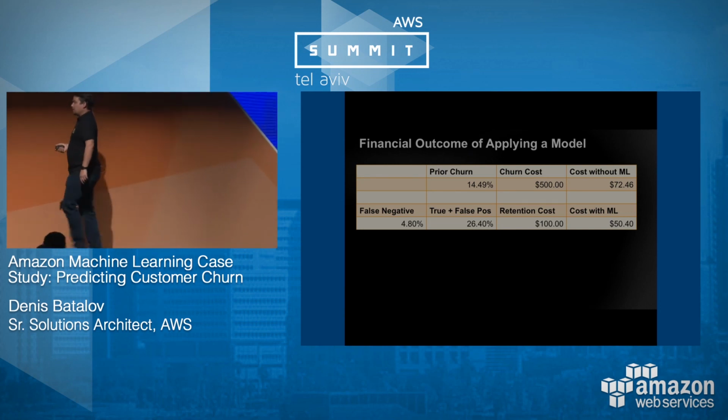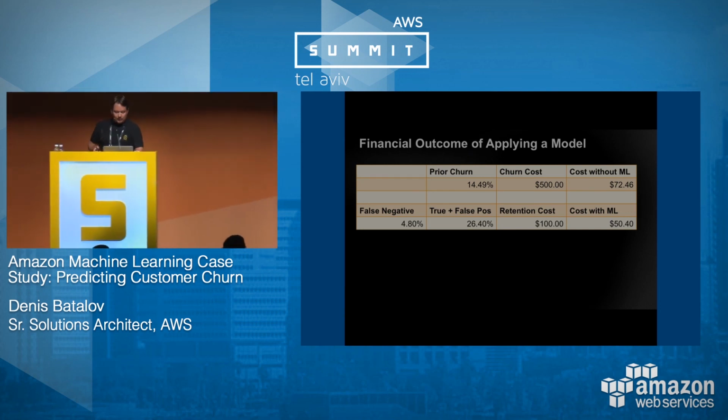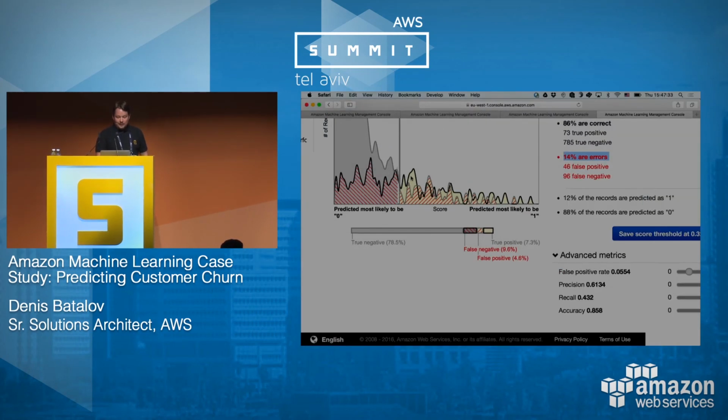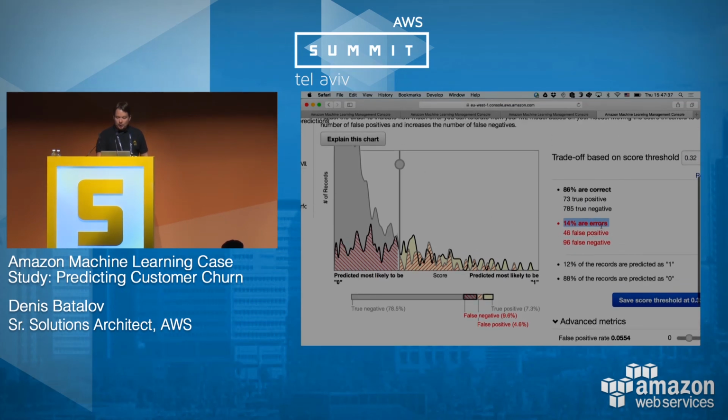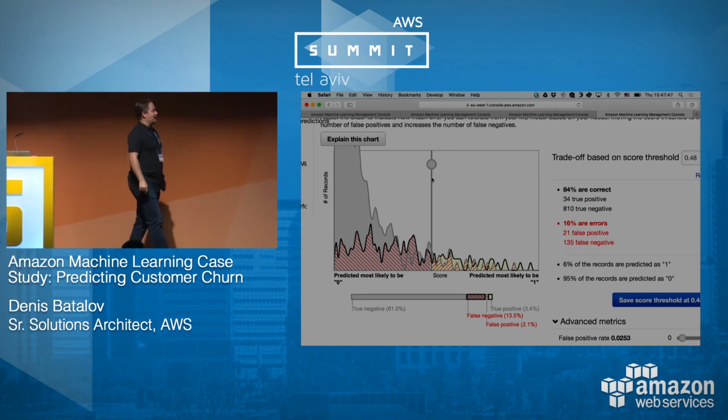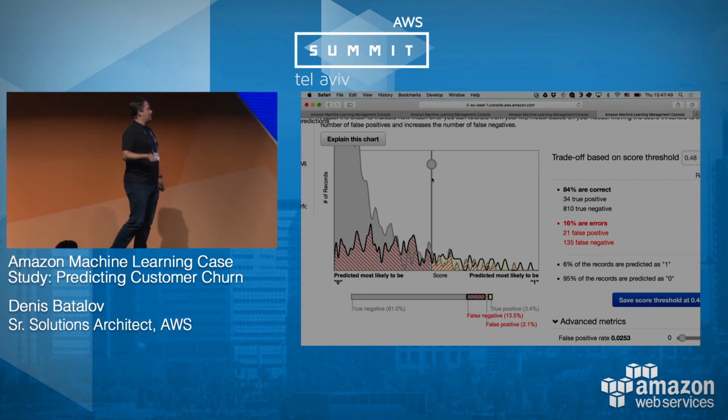So instead of optimizing, and going back to this screen, instead of optimizing for the total errors, right, I need to find a position of this threshold that instead optimizes the weighted error, weighted by their costs.